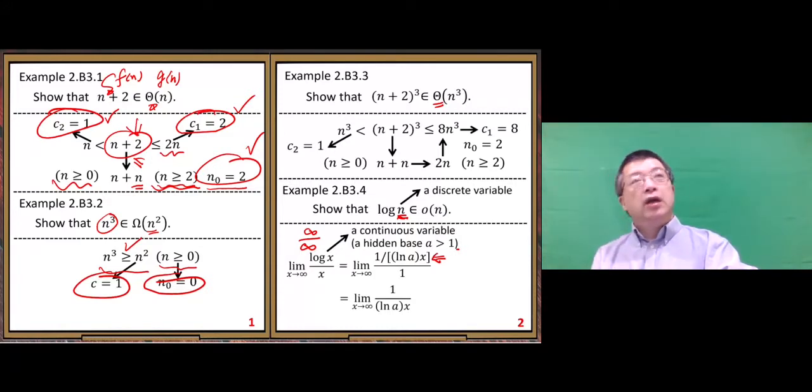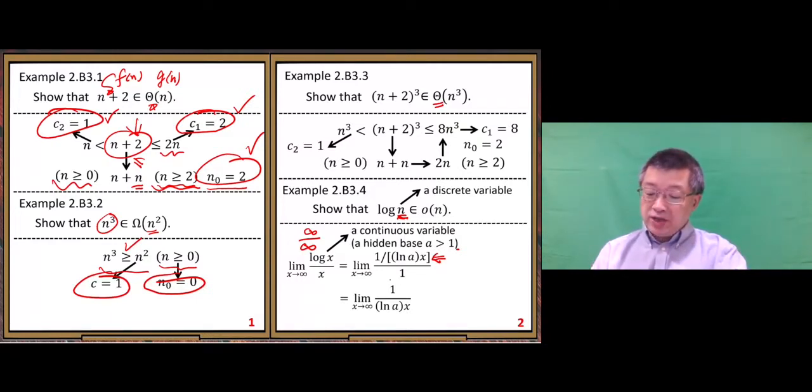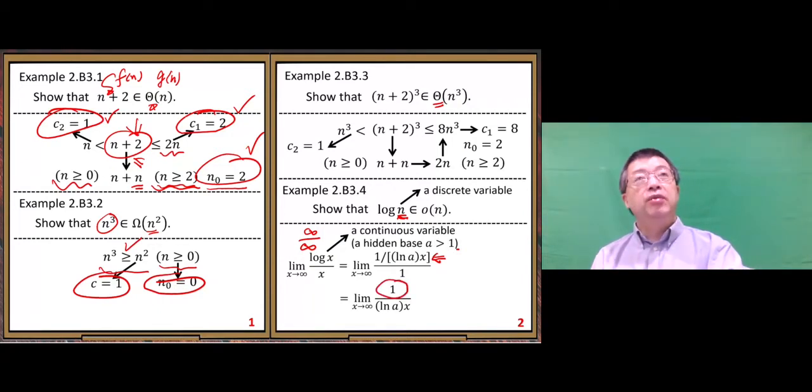Now, do not use L'Hopital's rule anymore because it's not an indeterminate form. The numerator is a constant. It does not go to infinity, and it does not go to 0. So do not use L'Hopital's rule.